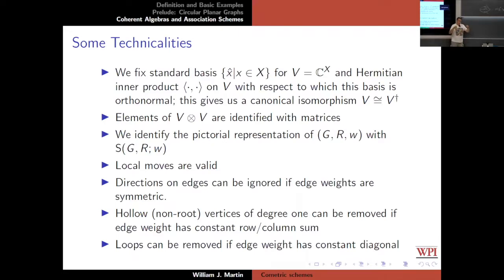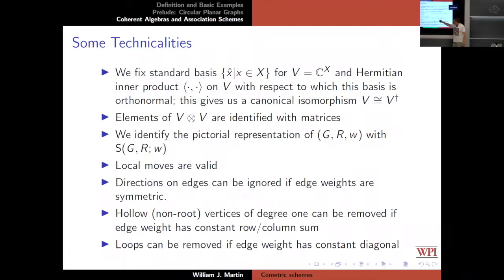I mentioned before that these local moves are valid, that you have an identity that holds for scaffolds, and those scaffolds are embedded inside bigger scaffolds in such a way that the only things that interact with the rest of the diagram are red, then those changes are legal. Okay, so you can check. The edge weights are symmetric matrices. That's like what we were dealing with in the proofs yesterday.